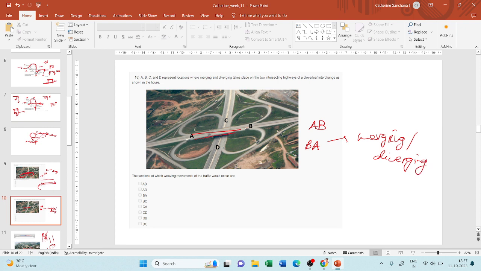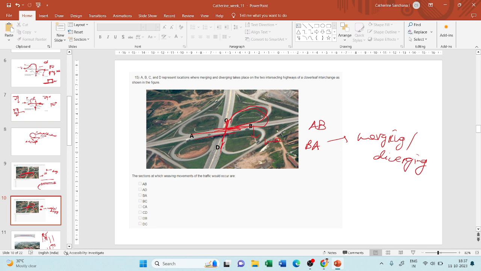Similarly, go to the other road, C to D, right? The vehicles are traveling on the right lane. For this vehicle here to come to a road at another level, it will travel through the loop, and then enter the section, which will create a merging action.